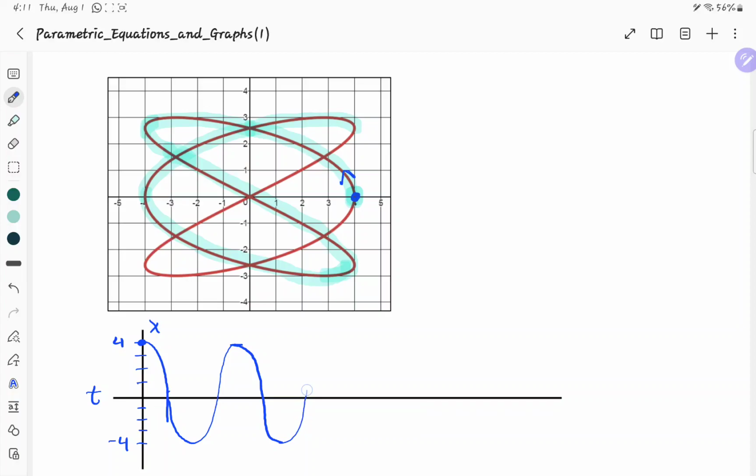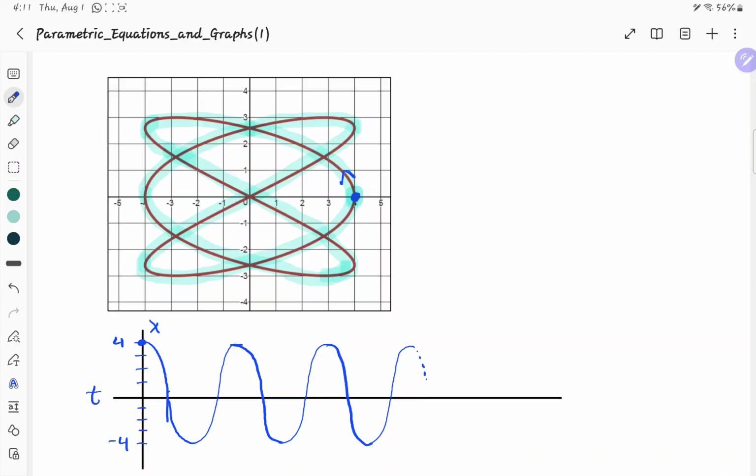Then one more time, from 4 to 0 to -4, and again, we're just looking at our x's. Then from -4 to 0, back up to 4, x going all the way back up to 4, and then it would start the same cycle again. If I kept going around, I would just retrace that same path over and over again.